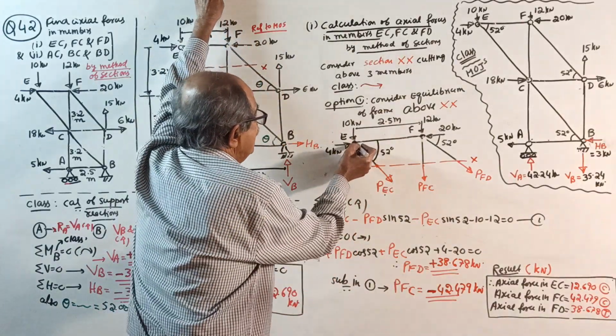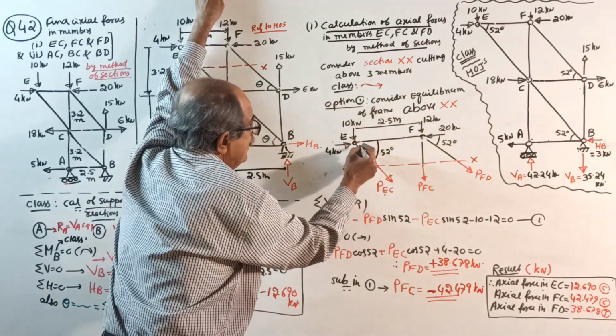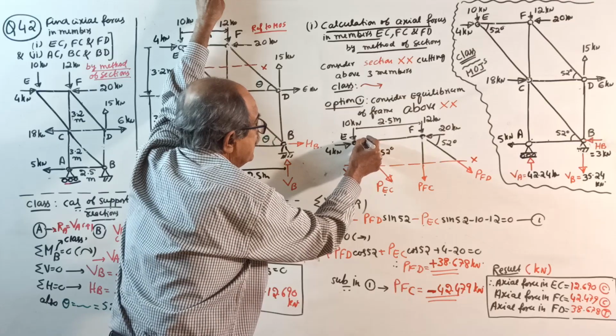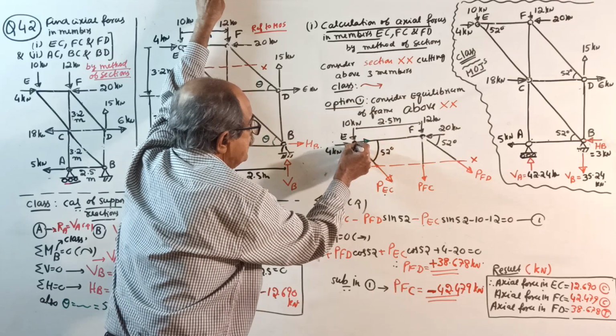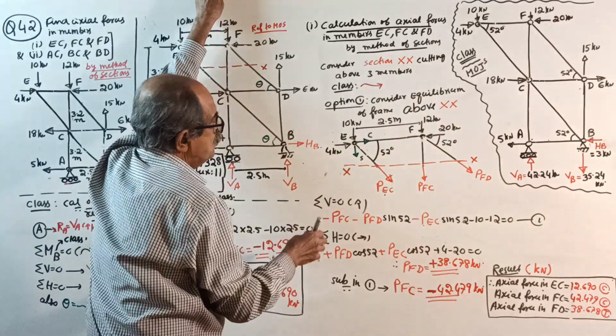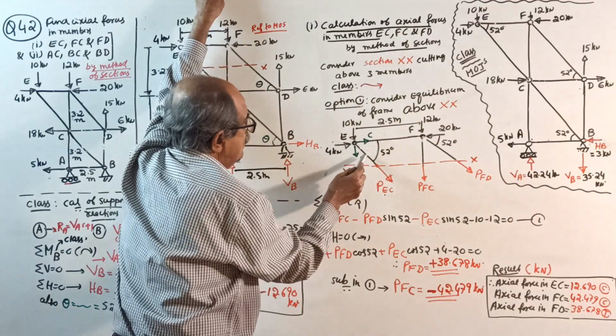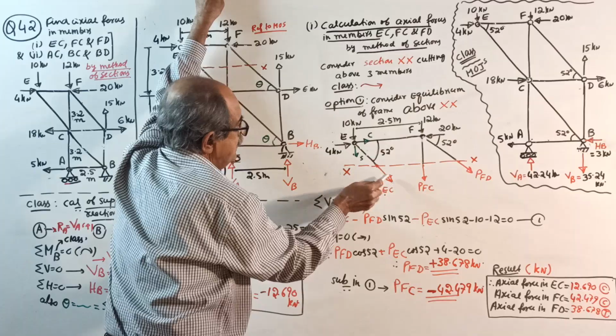Where? Sir, E. At that point, resolve this force. Horizontal component this way, vertical component this way. This is cos, this is sine. So this component is PEC into cos 52. This component is PEC into sine 52.